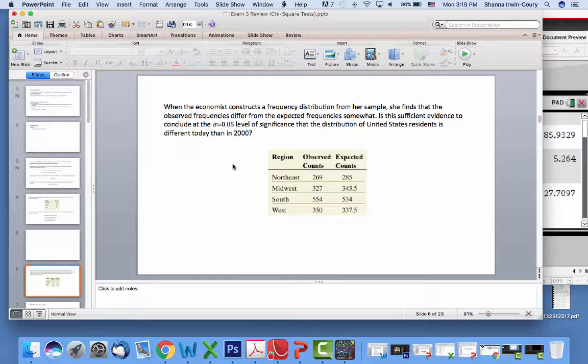Alpha is 0.05. Okay, let me back up slightly. A type 1 error is when you reject the null hypothesis, but you should not have. What that means is you had a pretty weird sample and you used it to argue that the null hypothesis was false, but really it was just because your sample was weird.